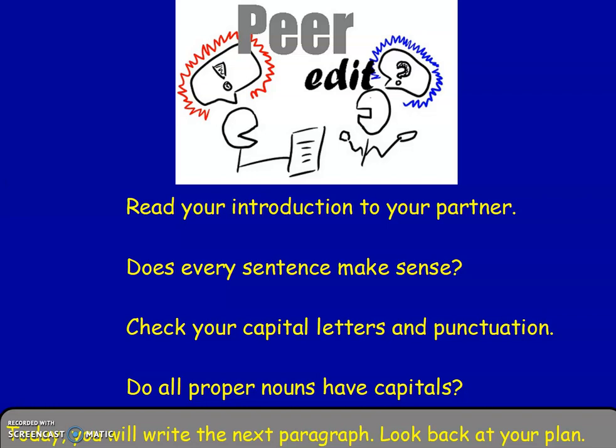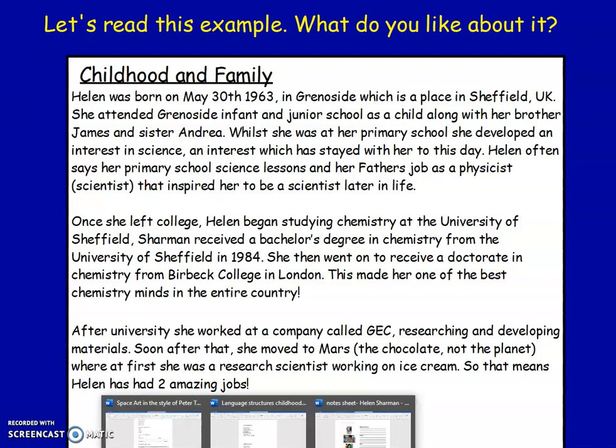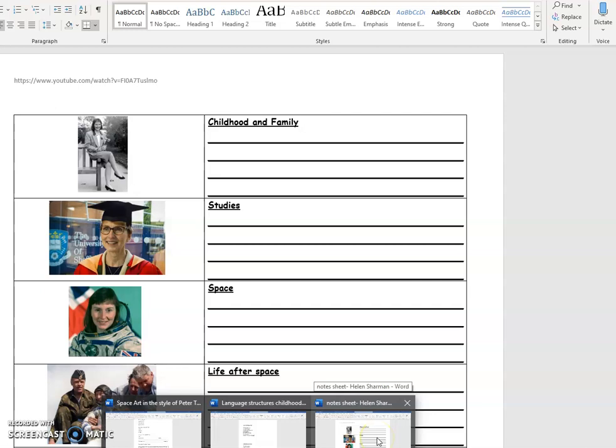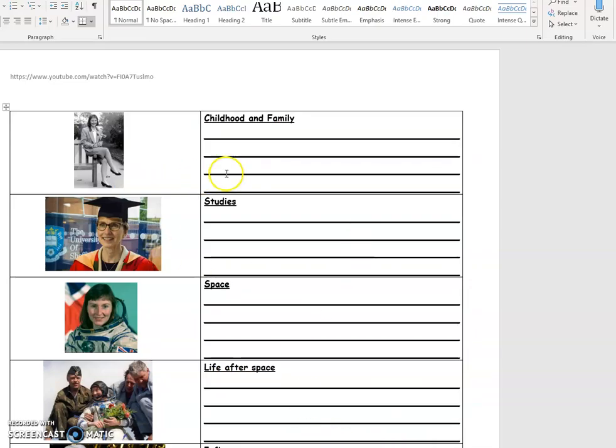Right. Here's an example. So this one, yesterday we saw some introductions to do with Tim Peake. Today we've got the first section. So again, like I said yesterday, I've used this sheet here to help me with my different bits of subheadings, and I'm going for this one.